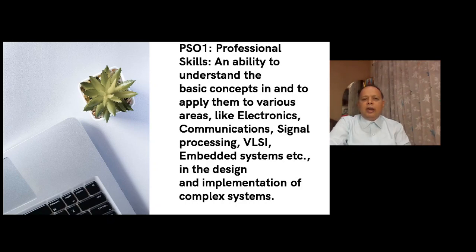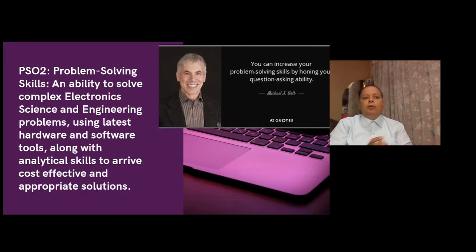So let's go ahead now. This is PSO1. The PSO2 is problem solving skills. Here, what we envisage is that you can increase your problem solving skills by asking more questions. So question asking ability is very important. Typically, in the classroom also, we don't prefer to ask many questions.